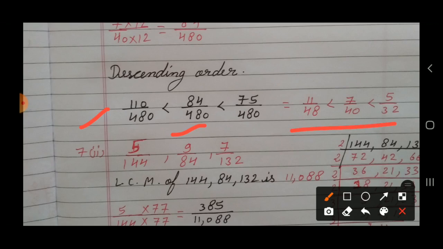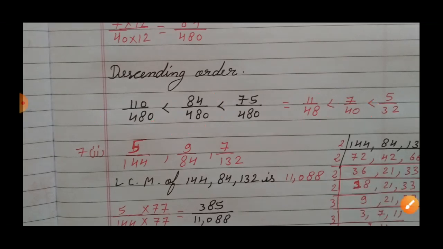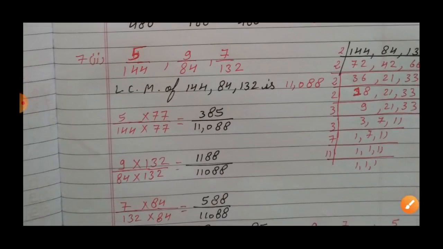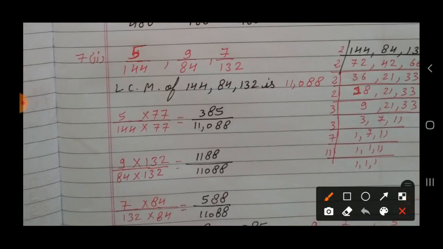This sign will change, this one is greater. Change the sign. Now these are in descending order. Second part, student, you will try yourself. This is your third part.